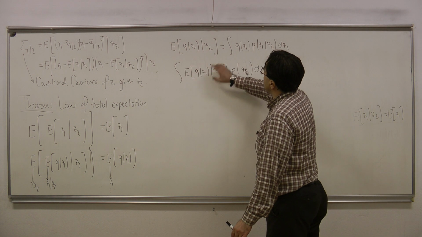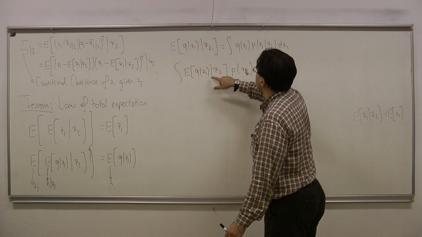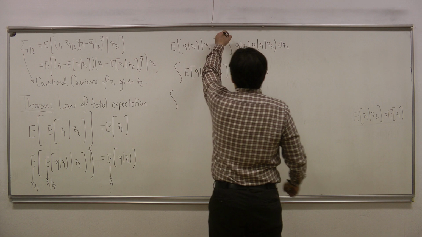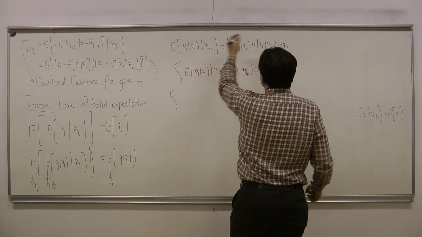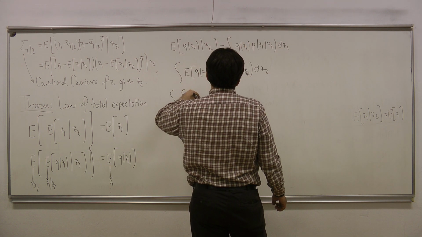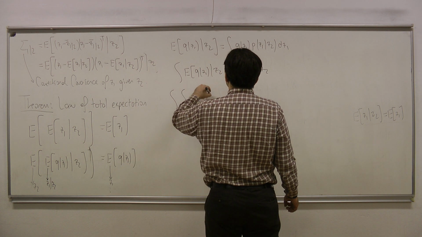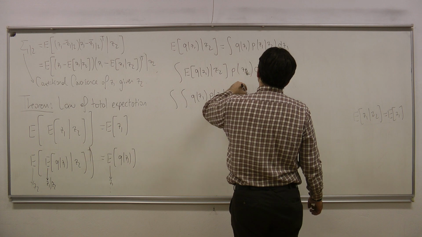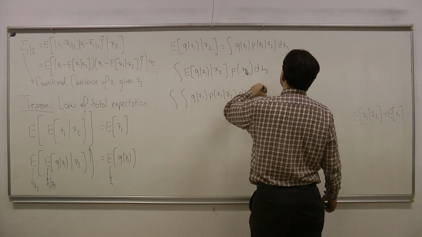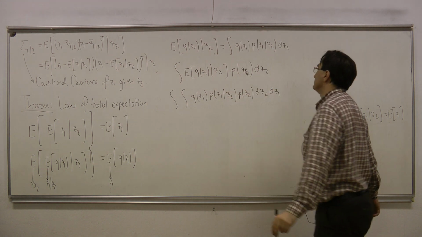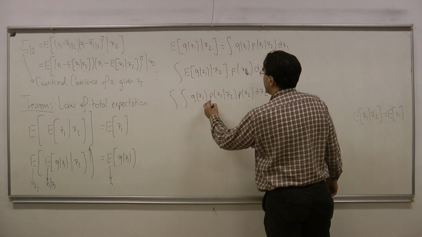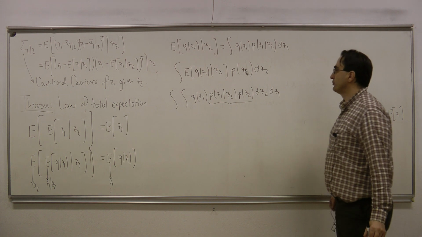Now I can substitute the first formula inside the second formula. Instead of this one, I will write this integral: Q of Z1, P of Z1 given Z2, P of Z2, dZ2, dZ1. Now what is the multiplication of these two distributions?